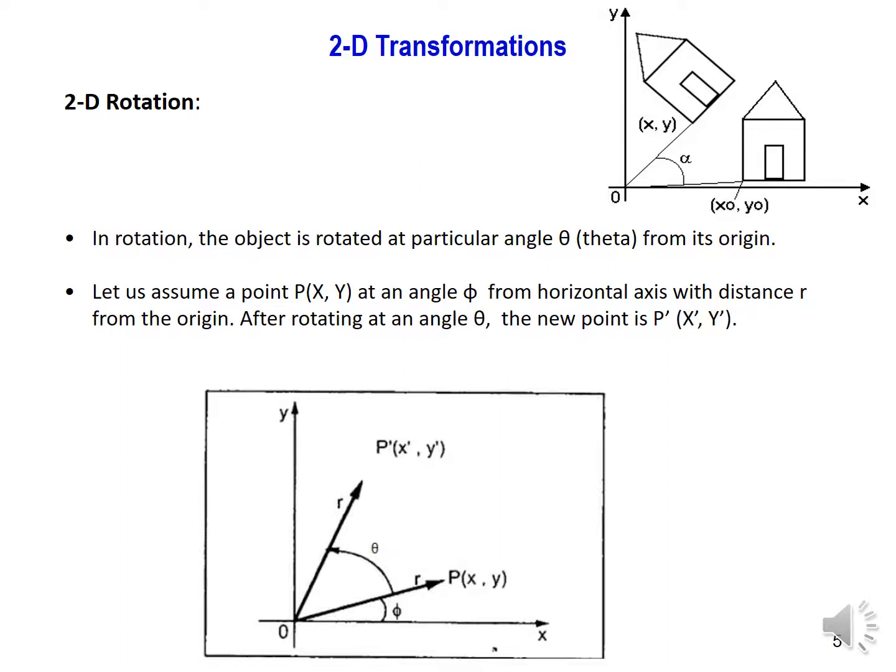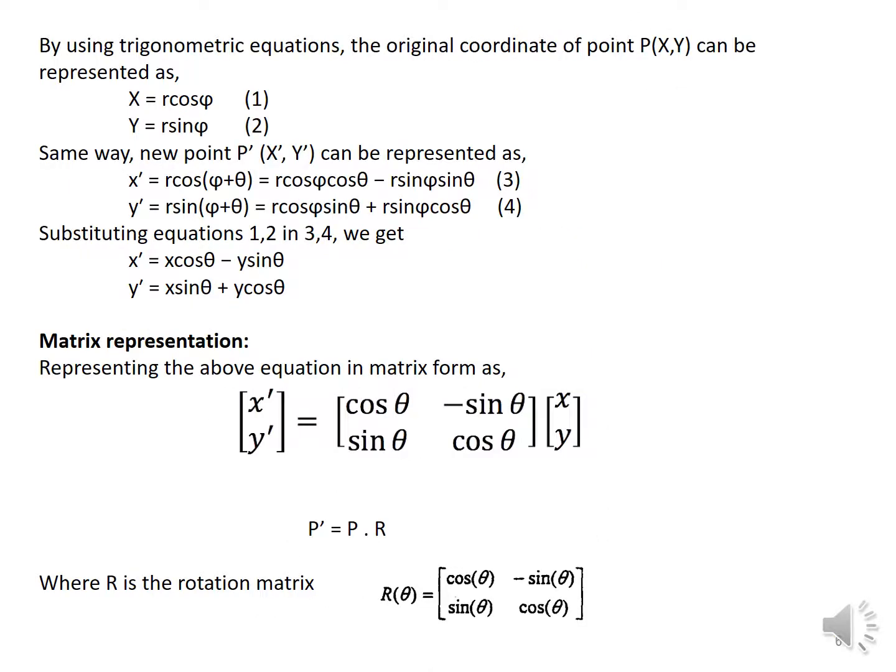2D rotation. In rotation, the object is rotated by a particular angle about the origin. Now let us assume a point (x, y) at an angle phi from the horizontal axis with distance r from the origin. After rotating by an angle theta, the new point is (x', y'). Now let us derive the rotation matrix.